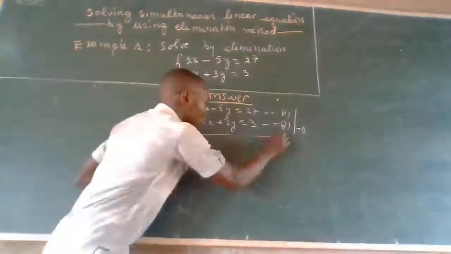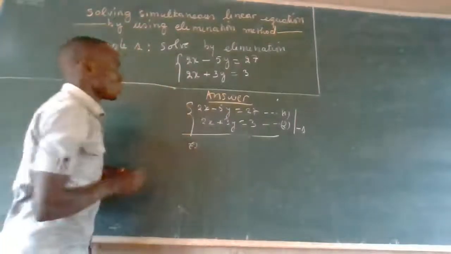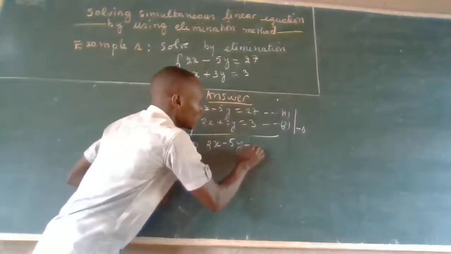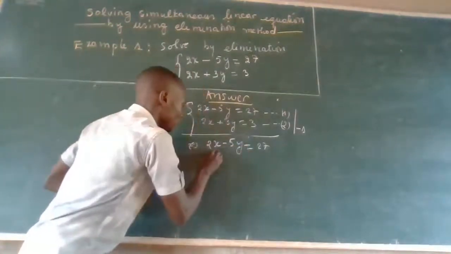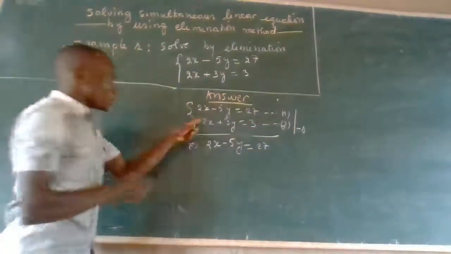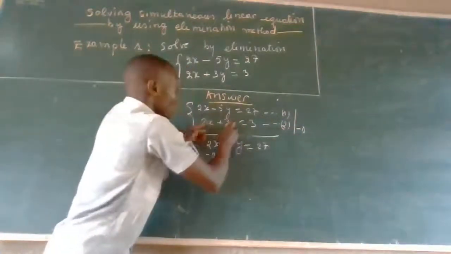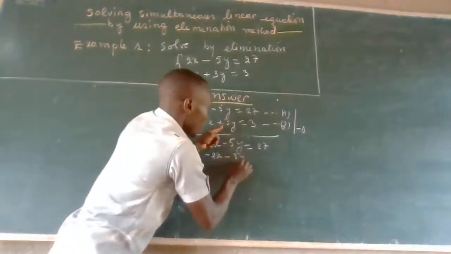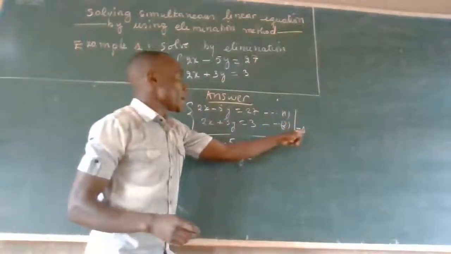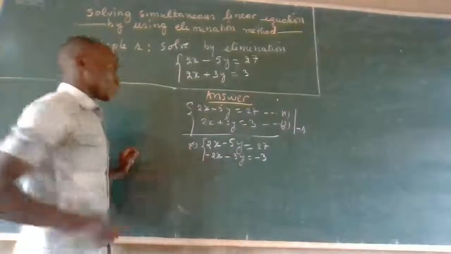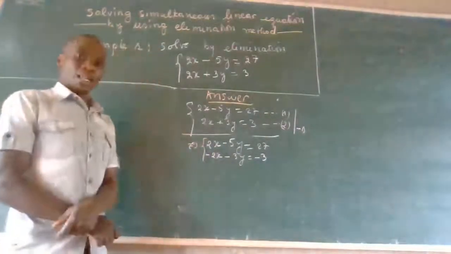Then the equations become 2x minus 5y equals 27, and minus times 2x becomes minus 2x, minus times 3y becomes minus 3y, which is equal to minus times 3, which becomes minus 3. The simultaneous equations become like that.